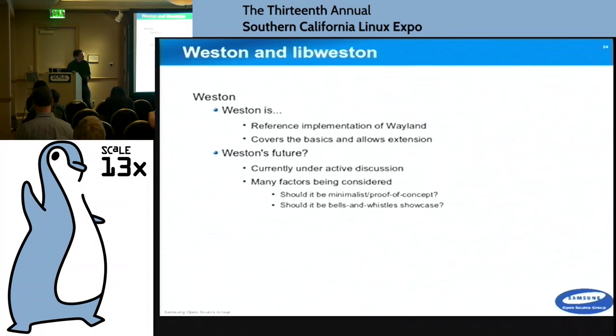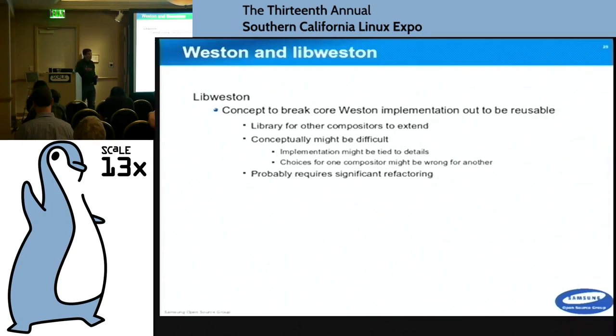And I mentioned there was a concept called libweston. This came up on the mailing list. There was an idea of asking about breaking out the core Weston implementation to be a library that other desktops, compositors, whatever, can use as a base. Well, it turns out conceptually that might be a little difficult.